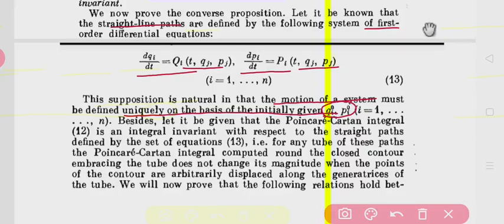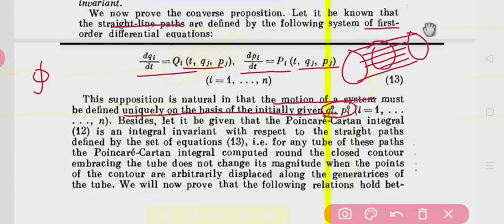Now, what else will we assume? We assume that the Poincare Cartan integral is invariant along the closed curve. That means we have proved that if there is a tube, whose generators are these straight lines, and we find the integral along a closed curve around that tube, that integral will be invariant.